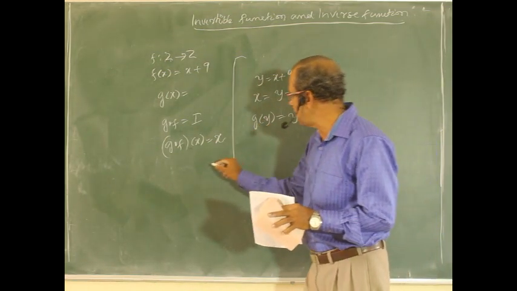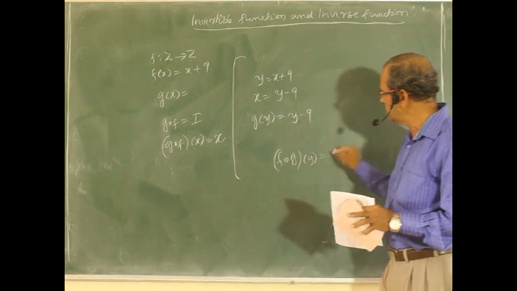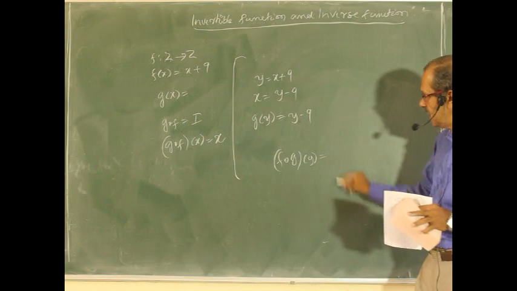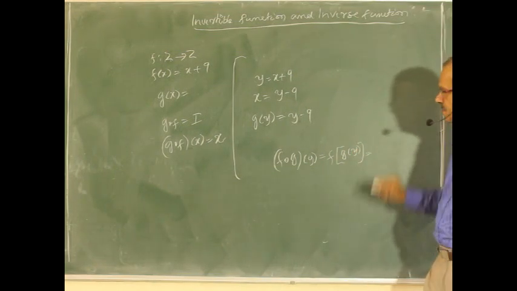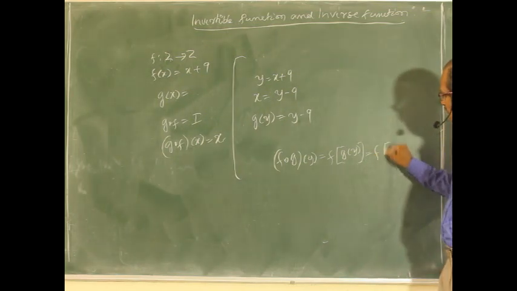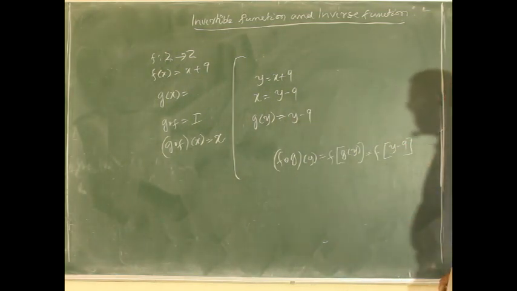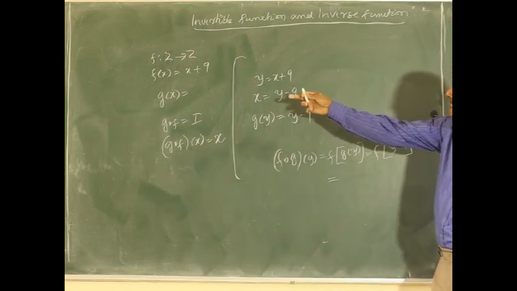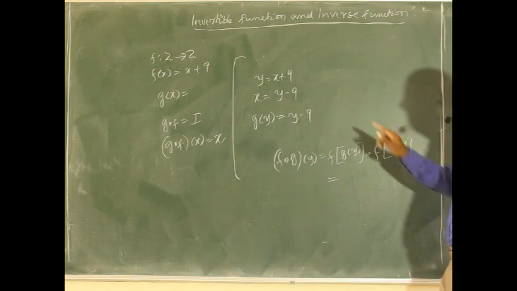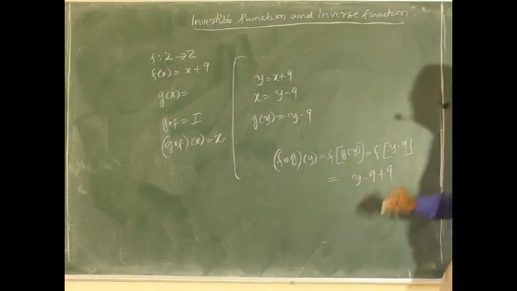Find f composite g of y. It is f of g of y, which is f of y minus 9. F of x is x plus 9, so f of y minus 9 is y minus 9 plus 9.